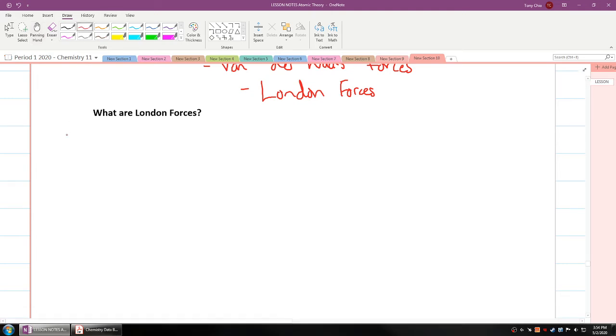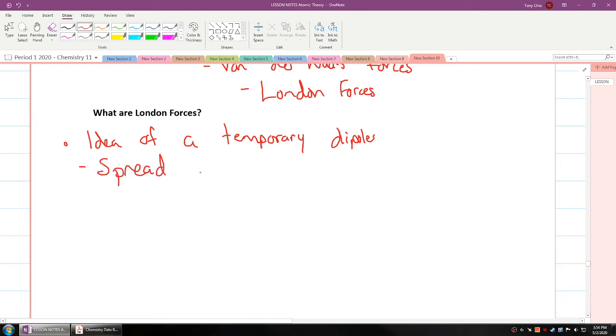London forces are basically what we use is the idea of what we call a temporary dipole. Now we know a dipole is when there's an unequal sharing of charges, but what is a temporary dipole? Well, in a covalent compound, there's a spread of electrons.